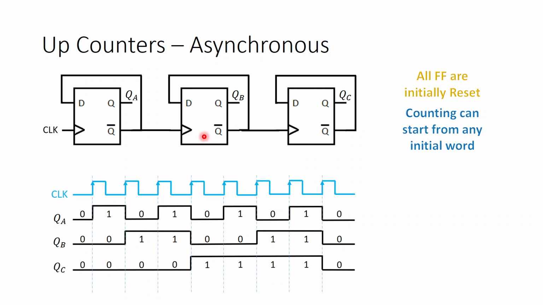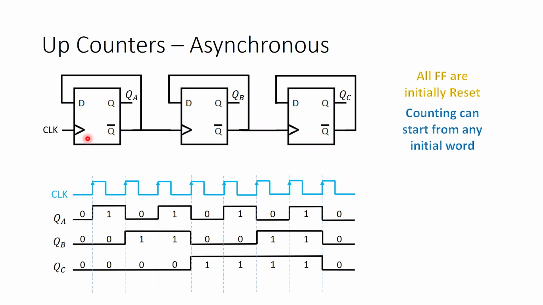This is what makes the operation asynchronous, because the change in QB and QC is not synchronized with the clock edge trigger anymore. It is synchronized with the Q bar edge trigger of the previous flip-flop. But the Q bar, as you understand, will take some time to appear, which is the flip-flop delay.